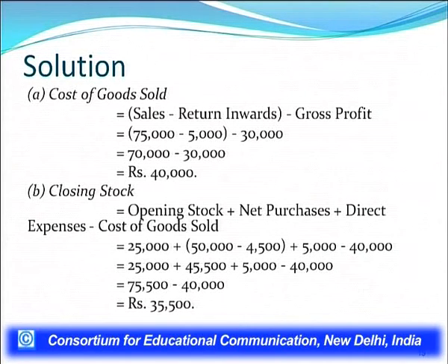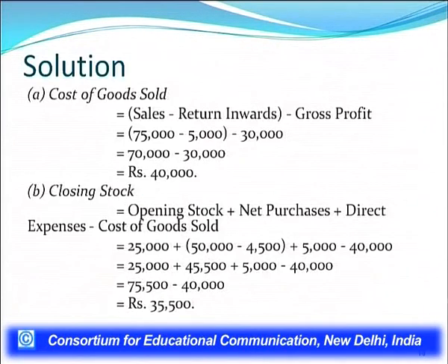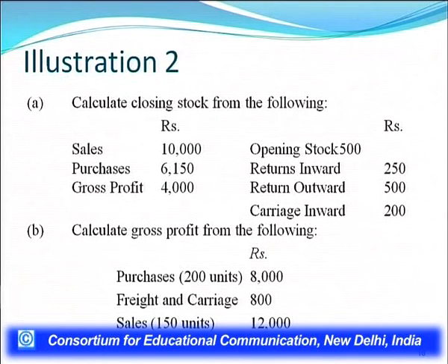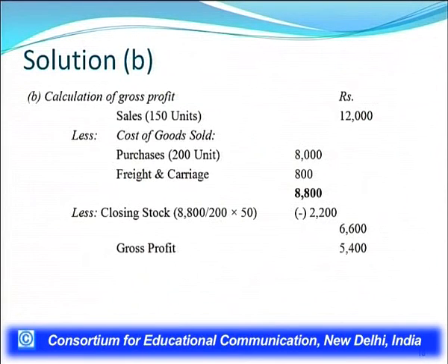Then, by applying the same equation, you can calculate the closing stock. If you remember these equations, you could find out the missing figures from the questions. The two solutions are given here, this is the answer to solution A and this is solution B.